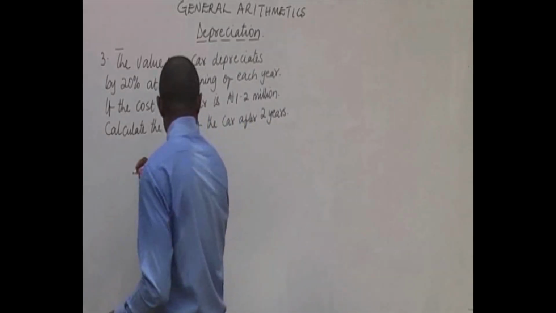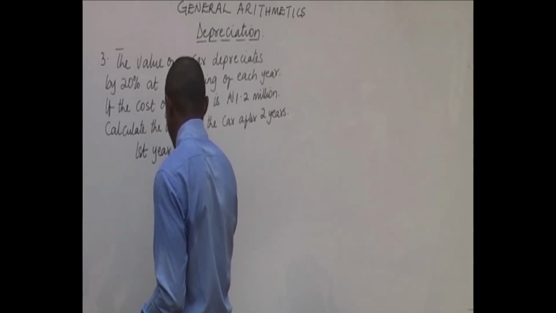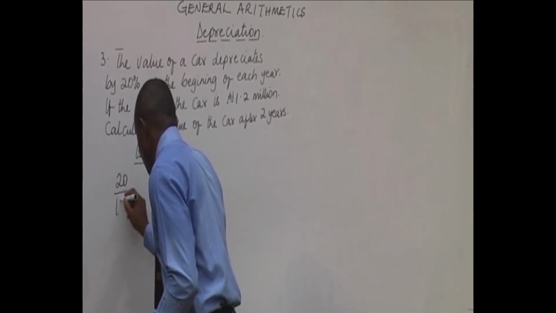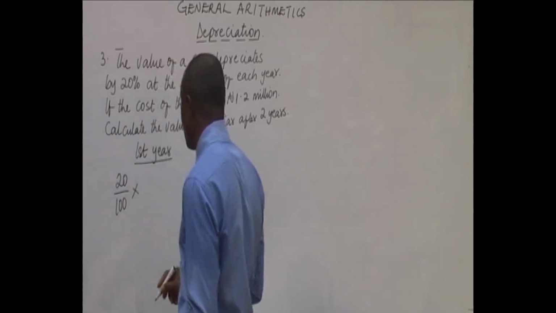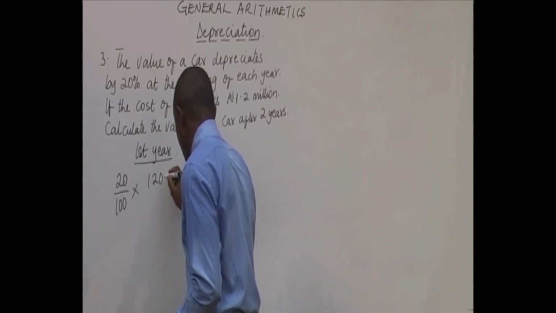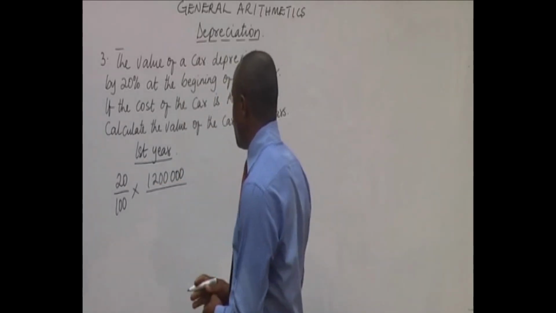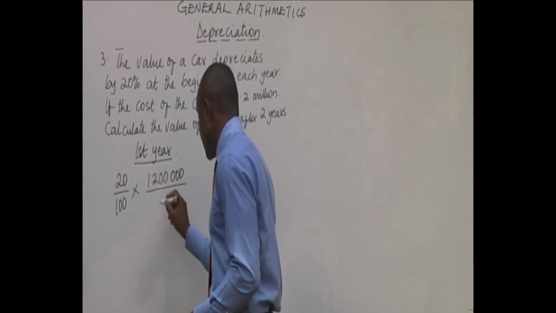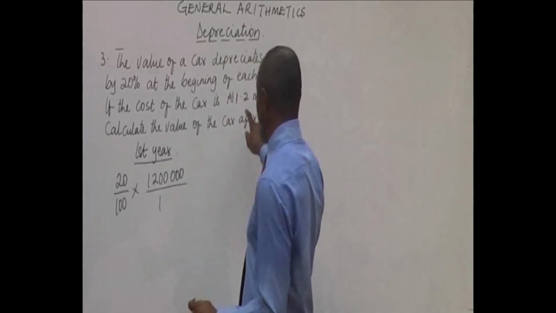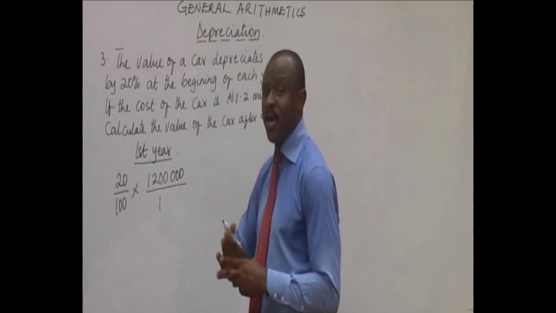Depreciation after first year is 20%, meaning 20 divided by 100 of the value 1.2 million, that is 1,200,000. Whatever this value gives you, subtract it from 1,200,000. It will give you what the value of the car becomes after the first year.